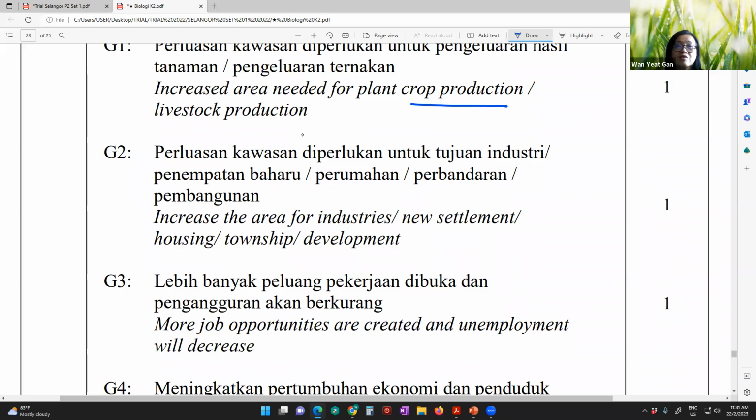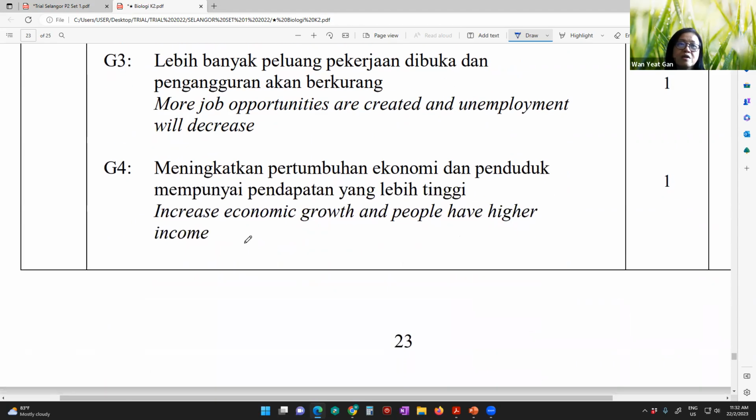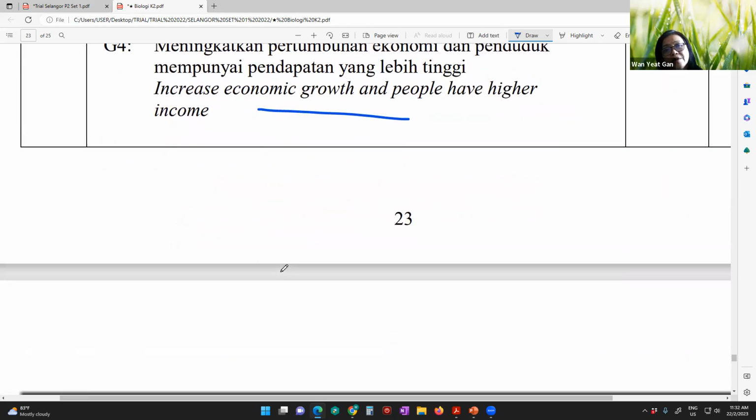Because it will increase job opportunities for people around the area. It creates jobs for residents that live around the area. And then it will also develop that area into a new township, and this will increase the economic growth of the people in that area.